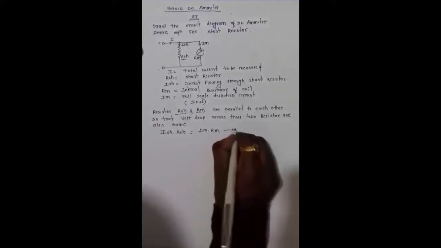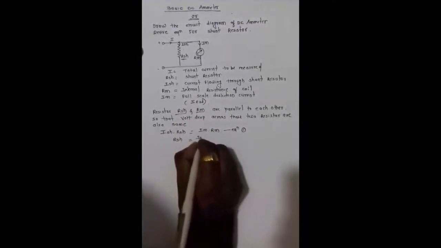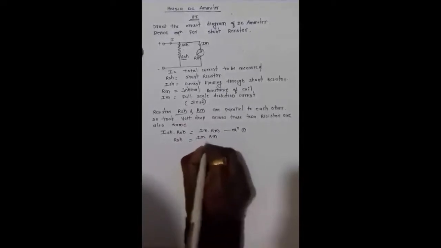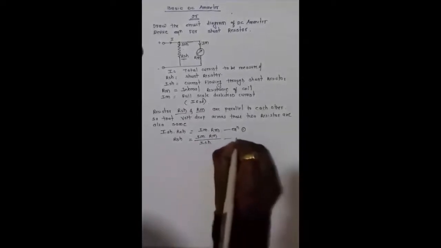This is equation 1. Now we have to calculate the shunt resistance, so RSH is equal to IM into RM upon ISH. This is equation 2.